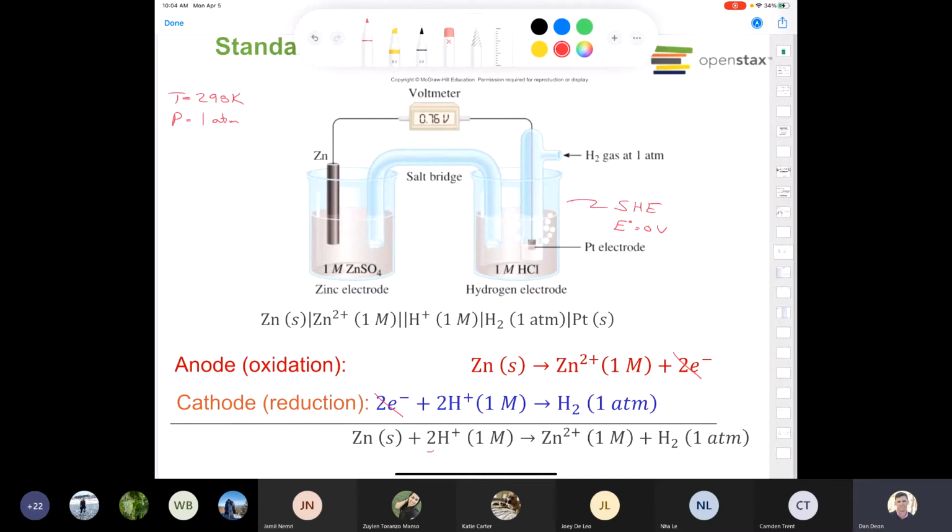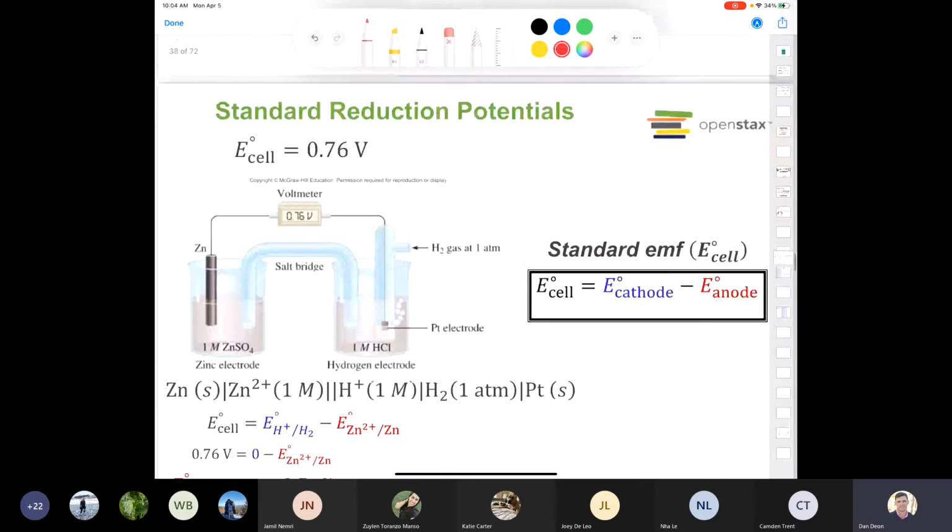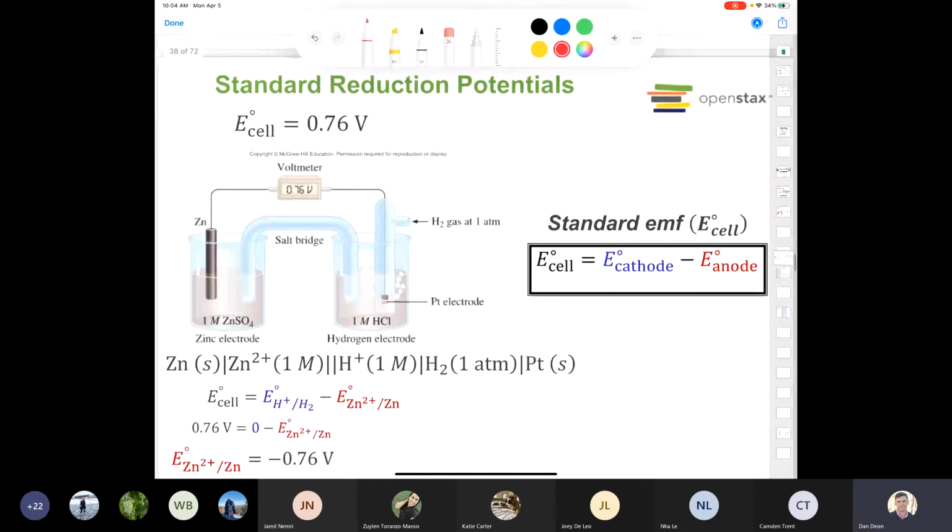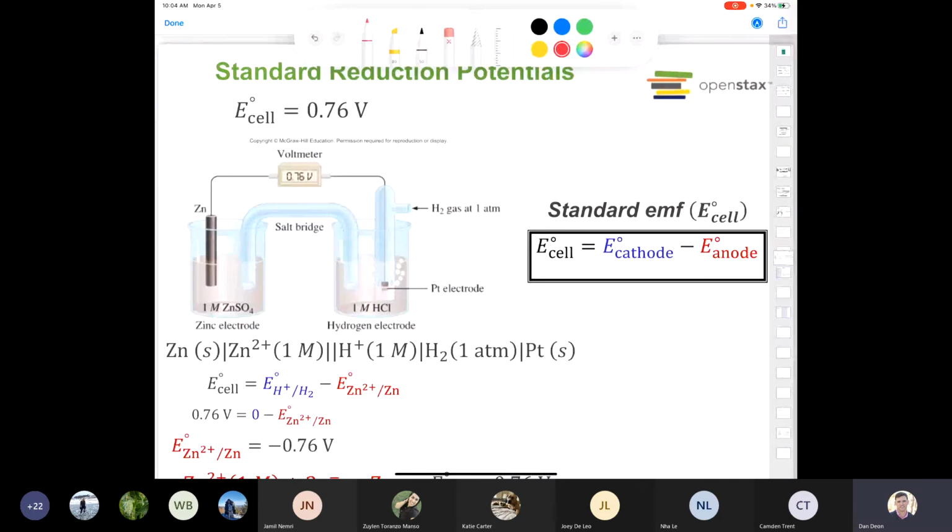Let me show you a formula that's going to be very important for you moving forward. The standard cell potential, which we sometimes call the standard electromotive force, is equal to the standard reduction potential of the cathode, subtract the standard reduction potential of the anode.